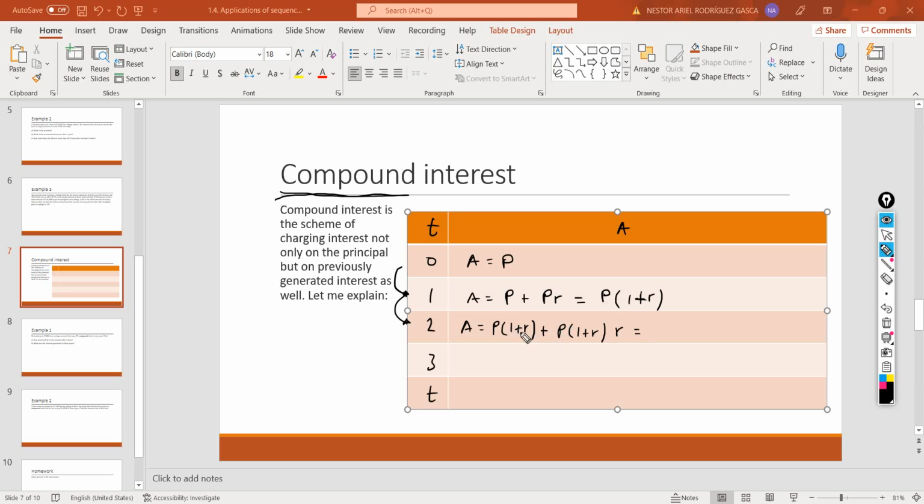Okay. Now, can we do some algebra here? Yeah, we can, because if you notice, this term and this term have a common factor, which is P times 1 plus R. All of this is actually a common factor, so I'm going to take it out. And if you factorize, you're going to get that this multiplies 1 plus R. Please make sure to understand that part.